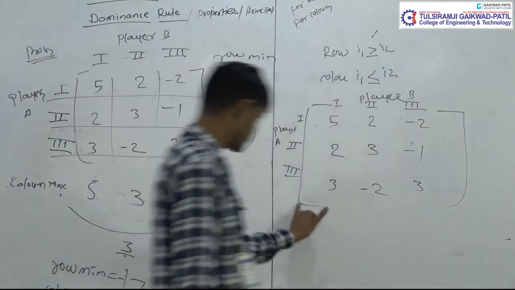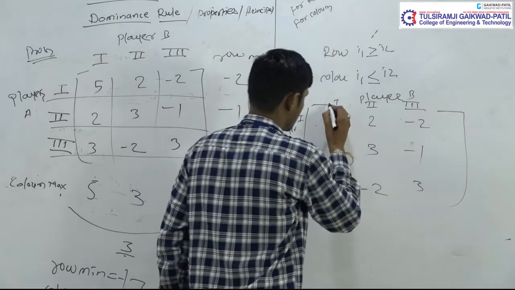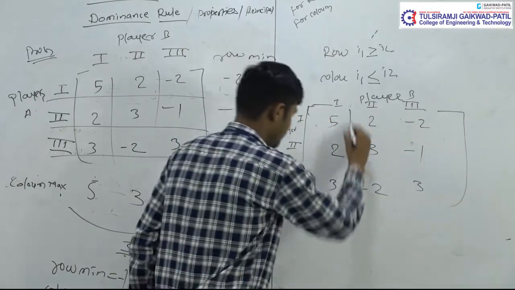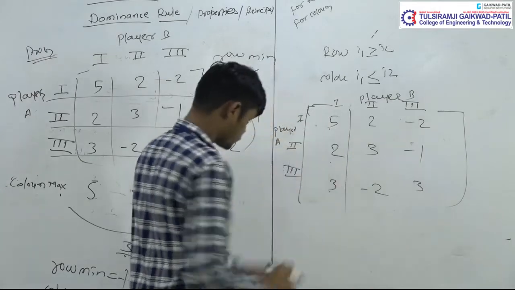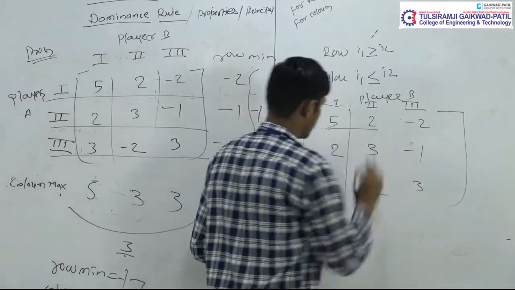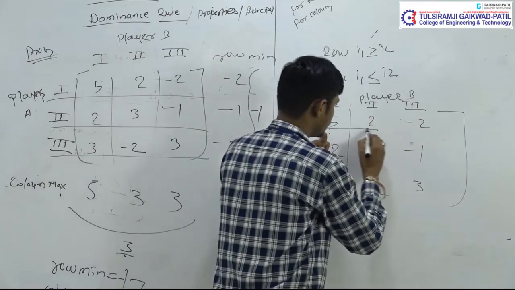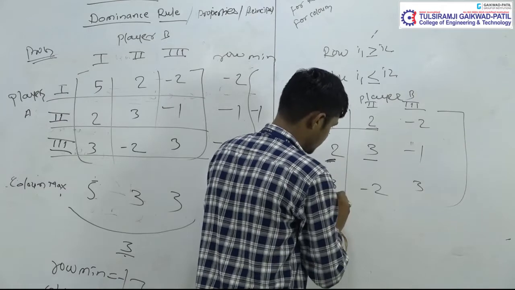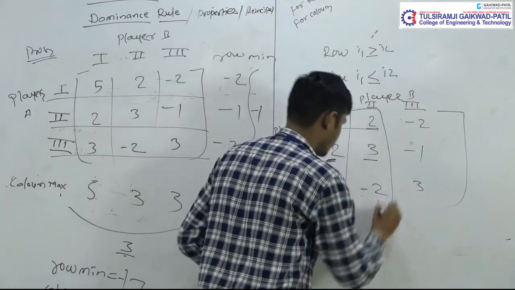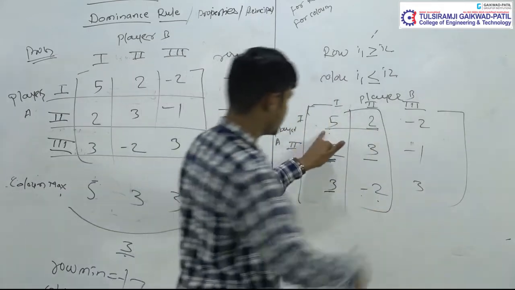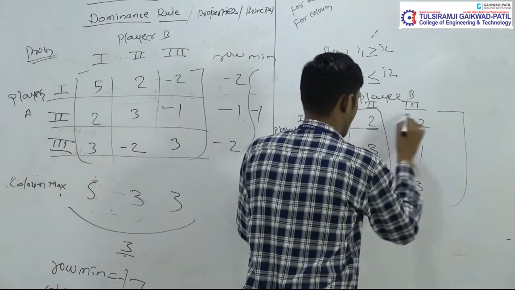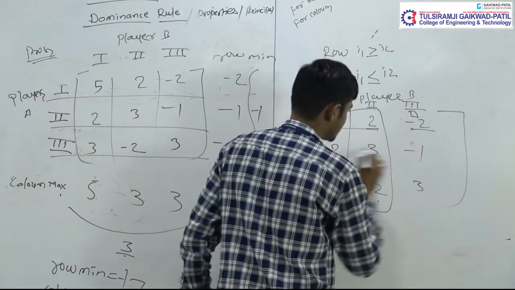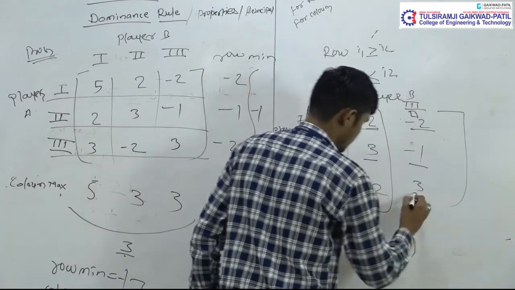The first step is to compare column wise, the next column and next column. First column is 5, 2, 3. Compare with the second column: 5 is less than 2, 3 is less than 2, and minus 2 is not satisfied for this column. Then compare the first column and third column. 5 is greater than minus 2, 2 is greater than minus 1 and 3 is equal.